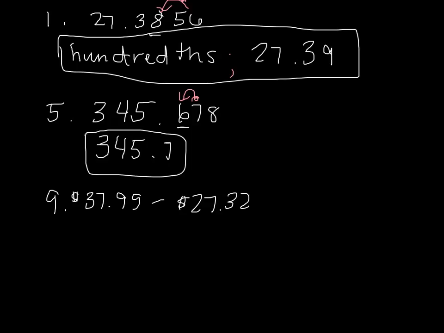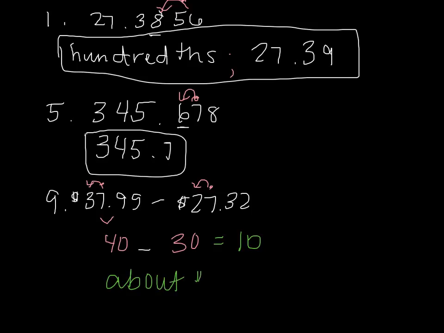Okay, so I would round this one to about 40 because I'm going to look at the 7 right here, round that up, so it's going to be about 40, minus, looking at my whole numbers again, I'm going to look at that ones place. The 7 would round up again, so that would be about 30. And we know that 40 minus 30 equals 10. So when you write your answer, you will write about $10.